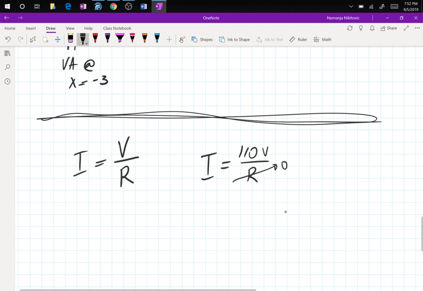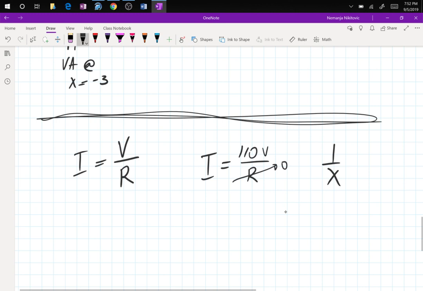When you divide by 0, we learned in the limit that, because what kind of function is this if resistance is a variable? What kind of function is this? It's 1 over x, right? That's the function.